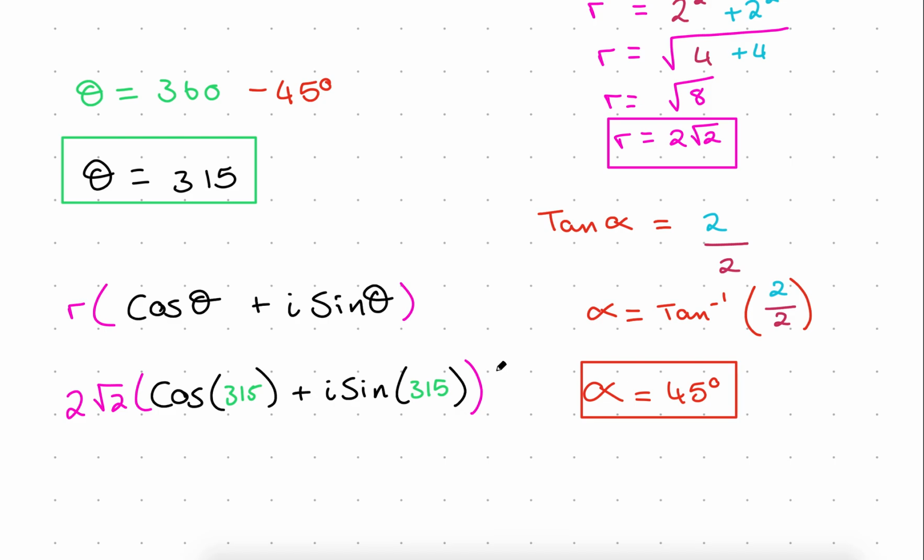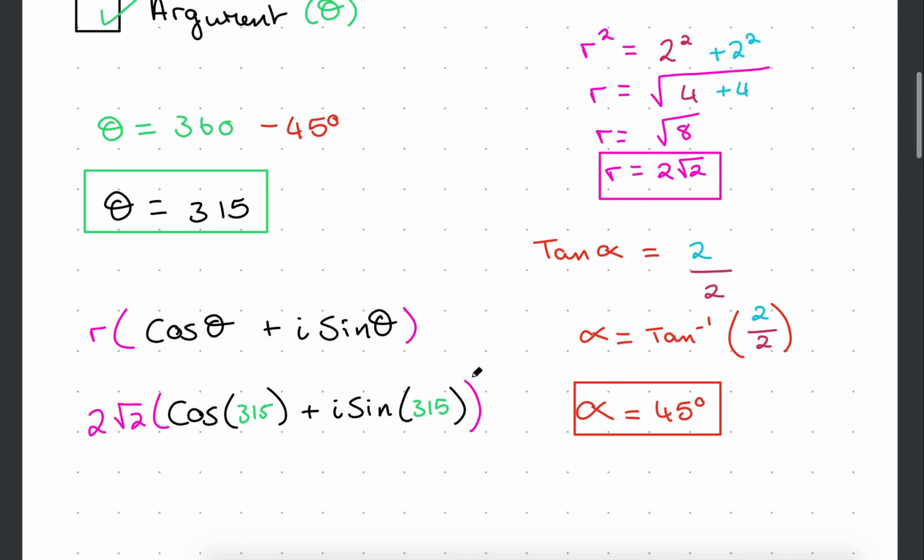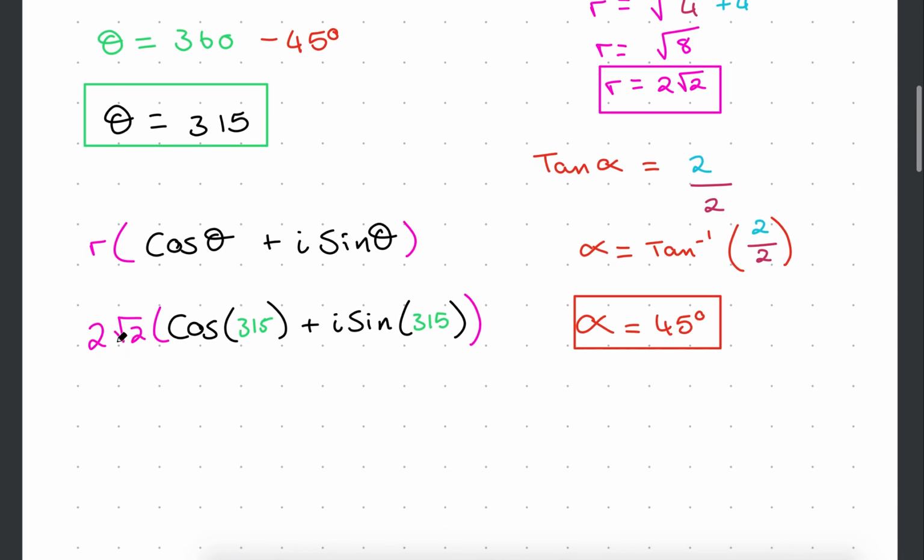And what we said was that if we wanted to check our answer at this stage, what I could do is I could actually multiply this out and I could say, okay, I have 2 root 2 cos of 315, and I have 2 root 2 i sine of 315.